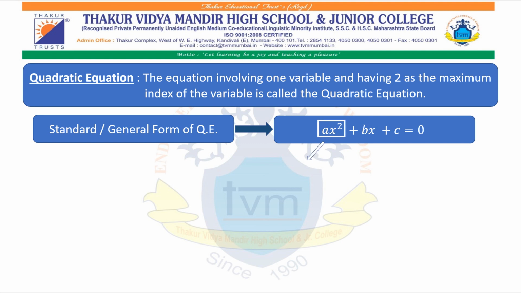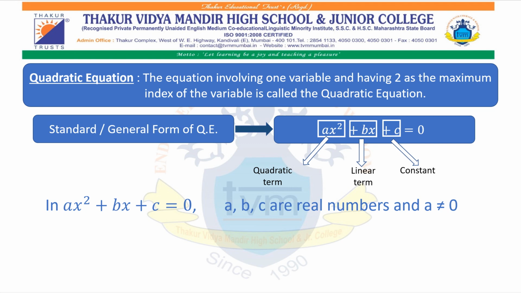Ax square will be called as quadratic term, whereas bx will be called as linear term and c will be called as constant. In ax square plus bx plus c equals to 0, a, b and c are the real numbers and a should not be equal to 0.